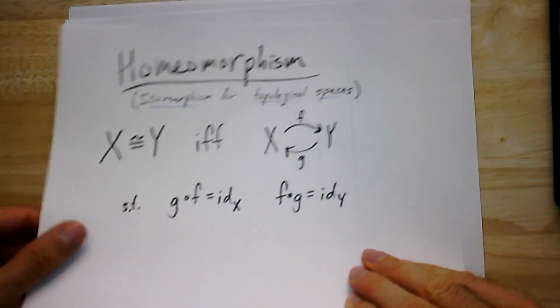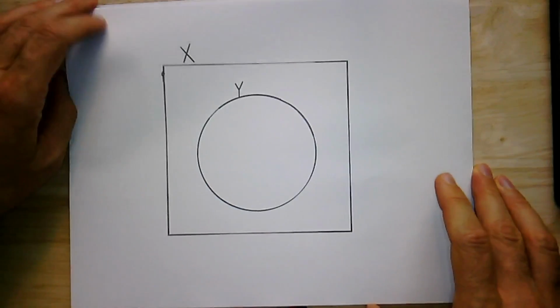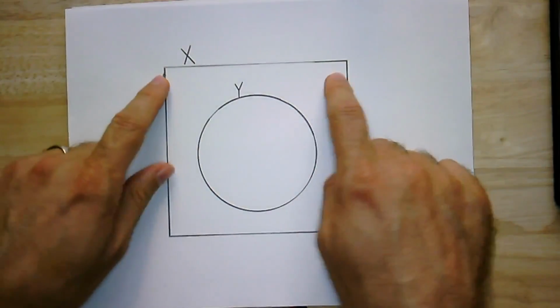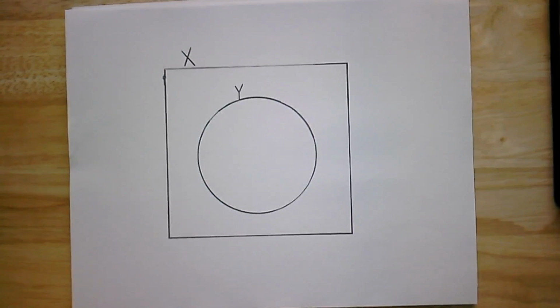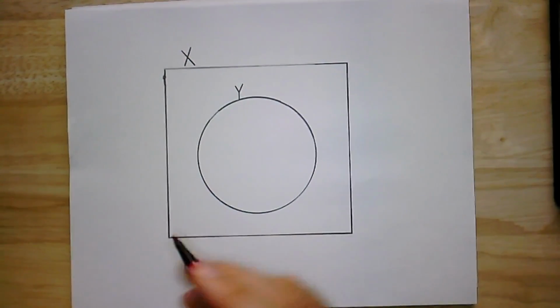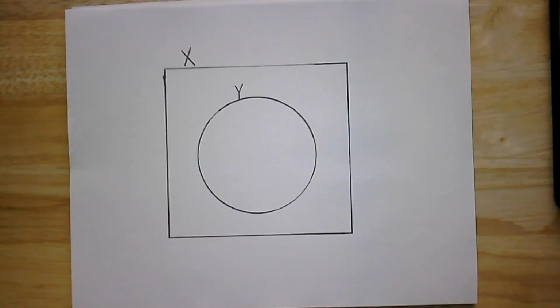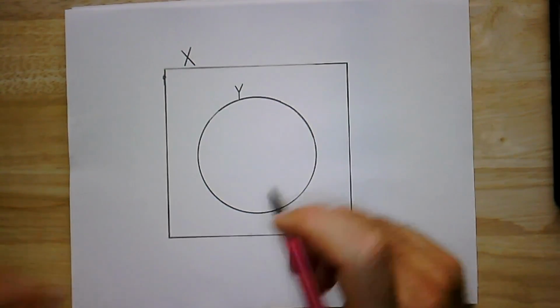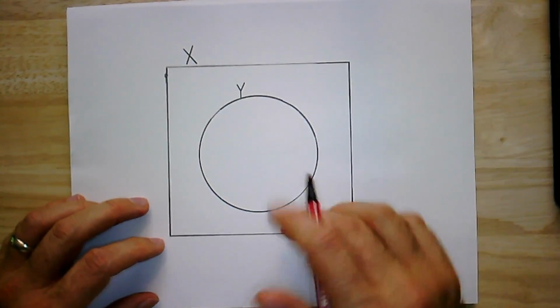All right, let's work out a very simple example. Here I've got a square and a circle, and they're empty; it's just the boundary, just the curves. I could do this also with them filled in, but let's just do the boundary here. I claim that the square and the circle are homeomorphic. So I need a function that maps x to y, and a function that maps y back to x.